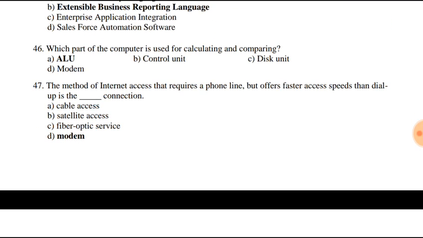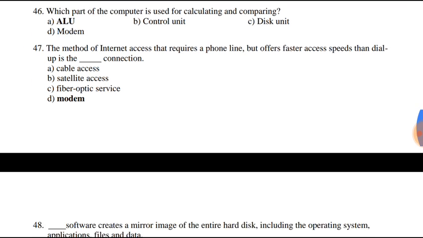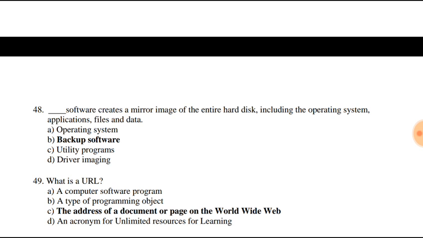The method of internet access that requires a phone line but offers faster access speeds than dial up is the modem connection. Dash software creates a mirror image of the entire hard disk, including the operating system, applications, files, and data.